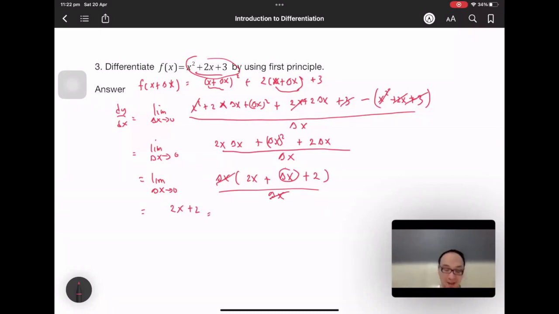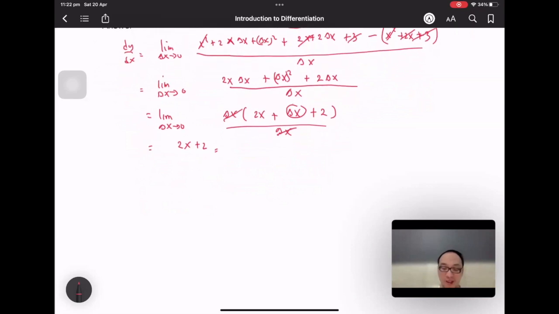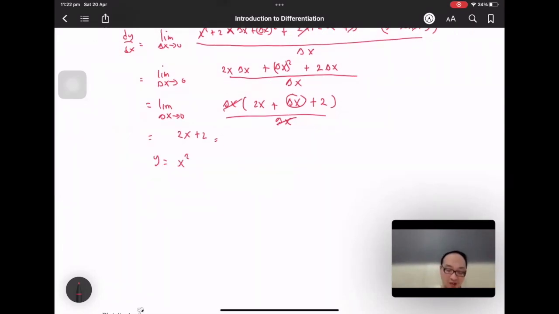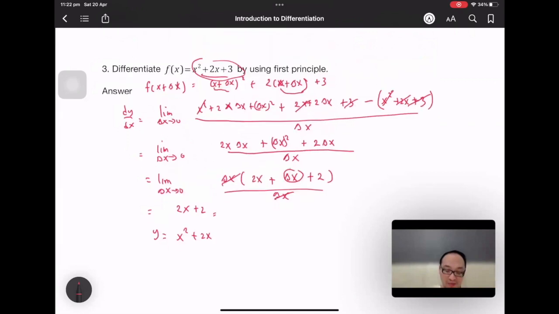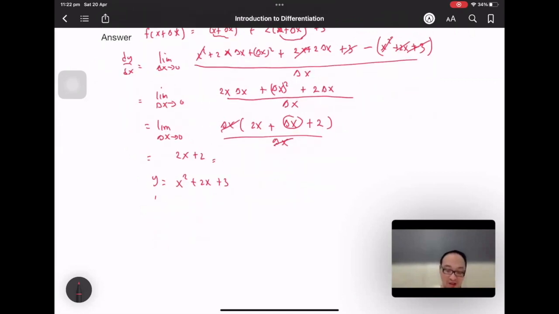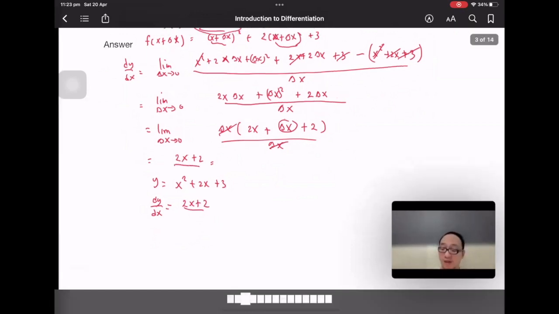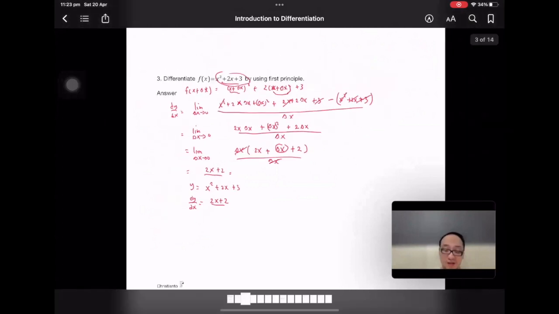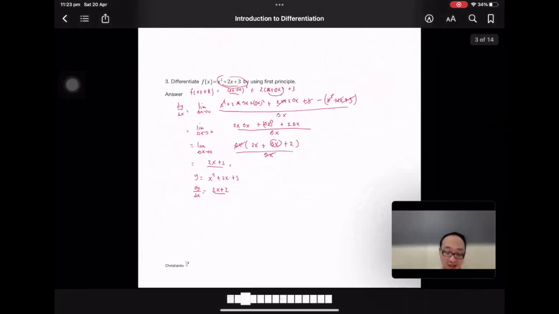So from here, again, if y equals x squared plus 2x plus 3, the derivative of y with respect to x is equal to 2x plus 2. So that's how we find the differentiation using the first principle method.